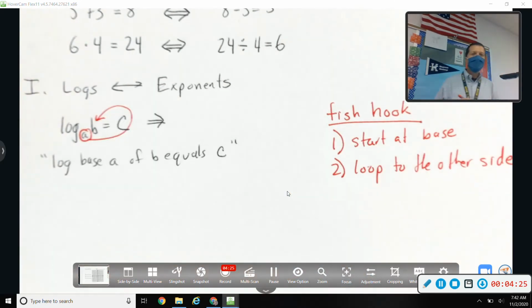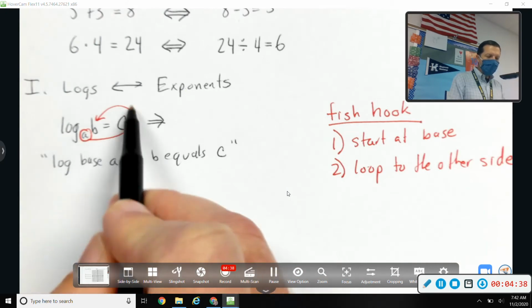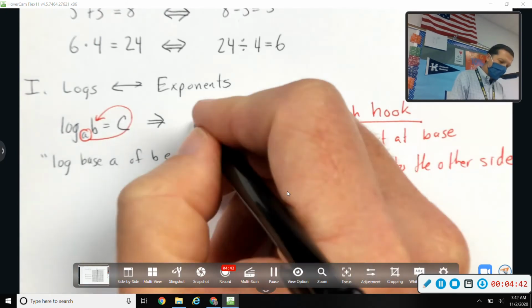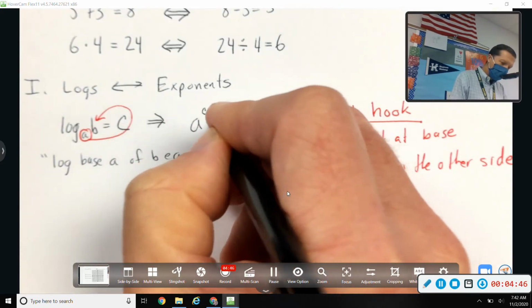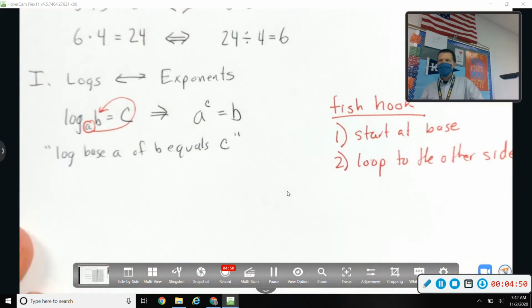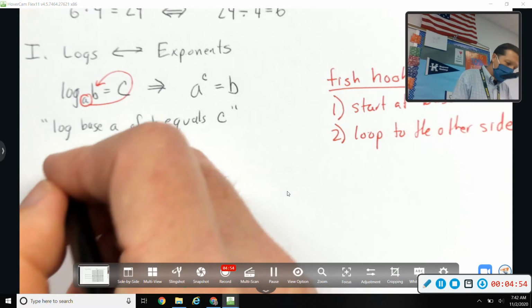But it kind of looks like a fishhook, so I like to call it that. Start at the base, loop to the other side. And then you're going to write your exponent equation in the order that you did your fishhook. So A to the C equals B. By the fishhook method.